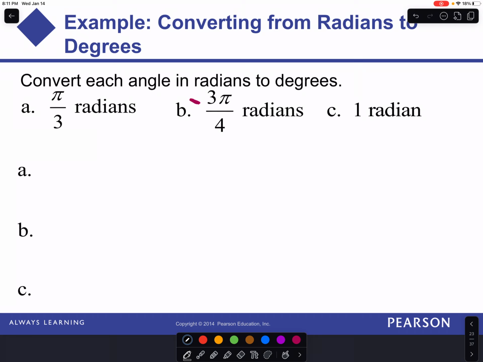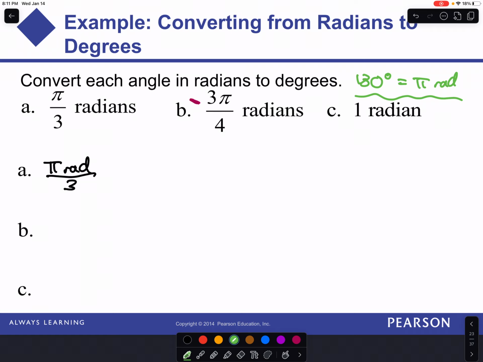Okay, here we're asked to convert each angle in radians to degrees. Now we're going from radians to degrees. So for part A, we have pi radians over 3. Now we don't need the over 1 in this case because it's already a fraction. And the conversion we said was 180 degrees corresponds to pi radians.